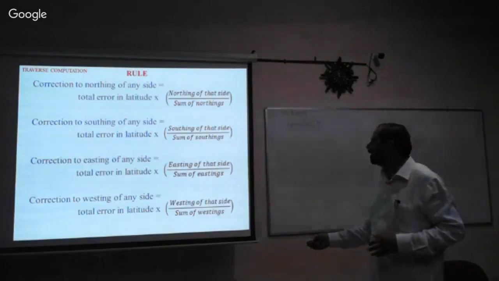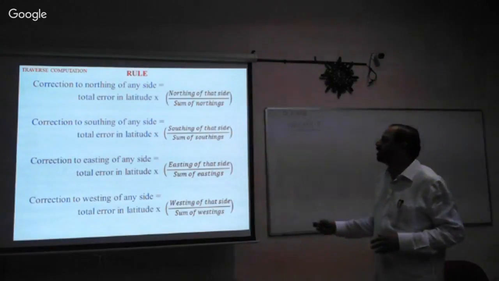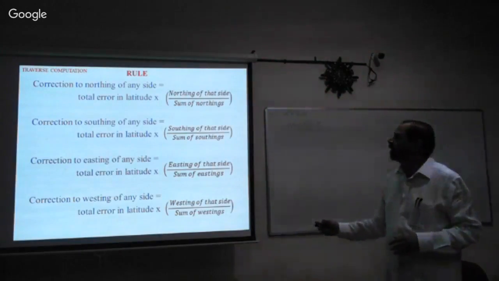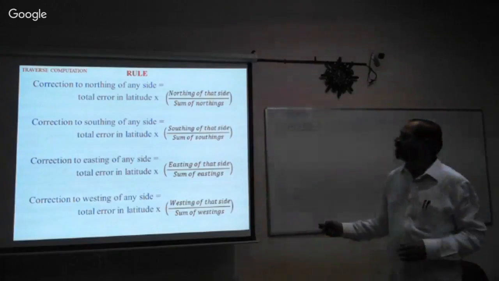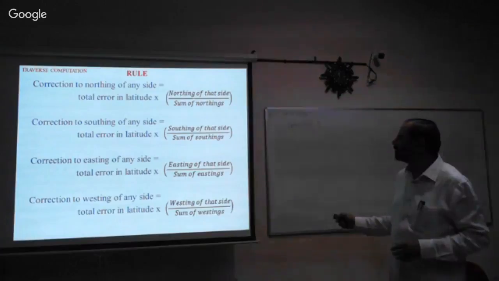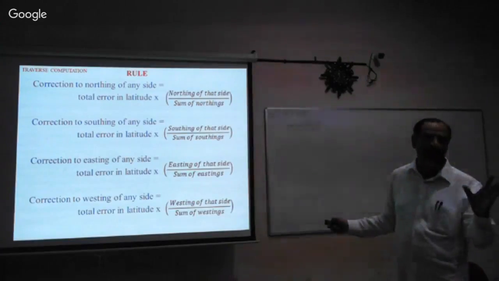And in another adjustment of the traverse, the error in the northing will be distributed to the northing of that particular side proportionately.